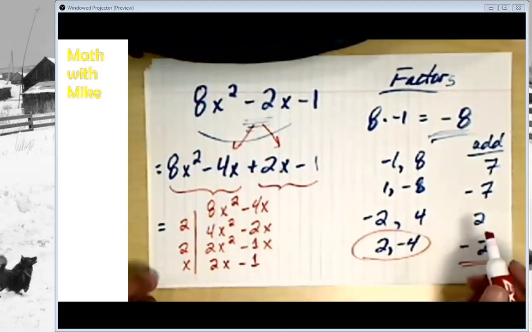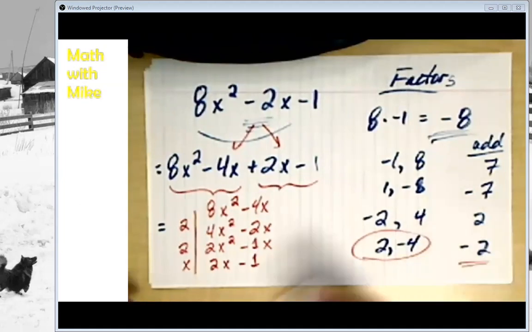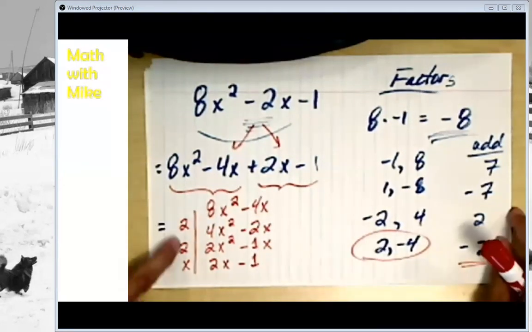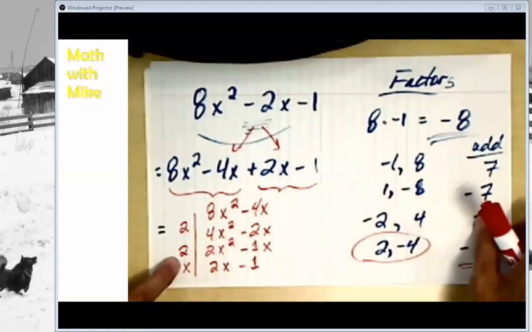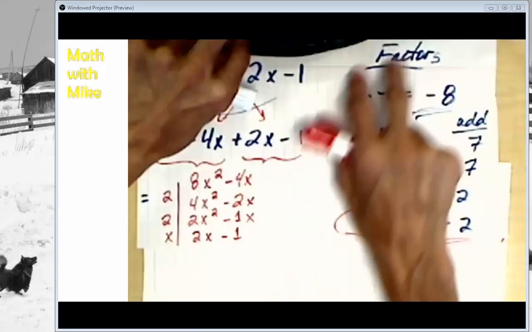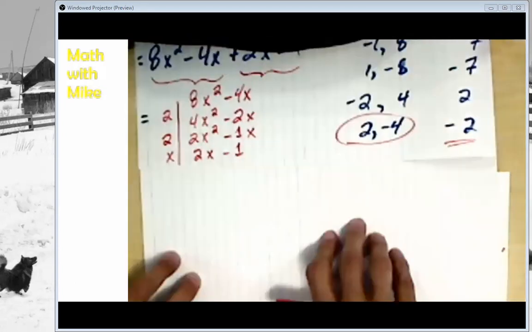Okay, good work. I'm going to switch to the other page, as you can see. Ran out of real estate. So the GCF will be these multiplied together. Does that work? How does that look? Oh, that's good.